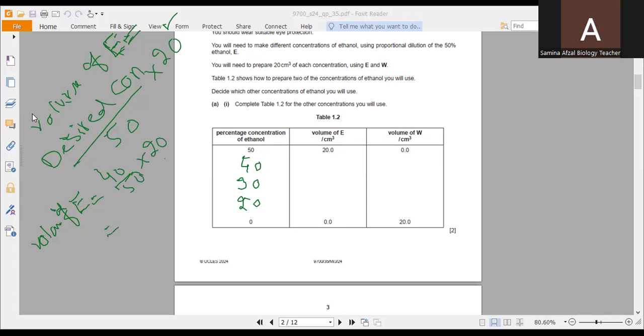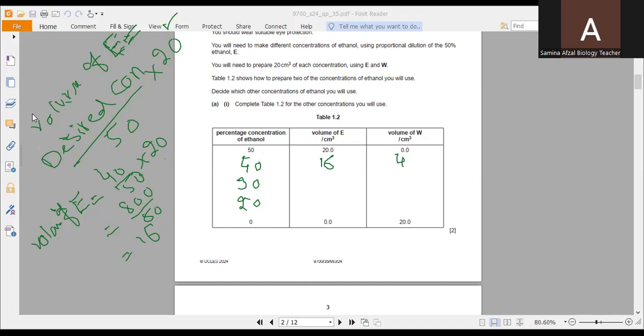After calculating this, it is 800 divided by 50, which is equal to 16. So the E in this case will be 16. We have to make total 20, so the volume of W which will be used will be 4 ml. 16 ml of ethanol and 4 ml of water.